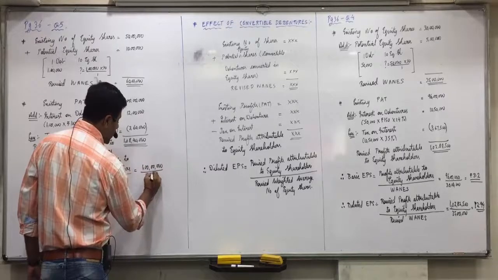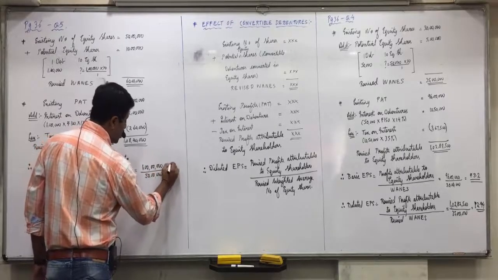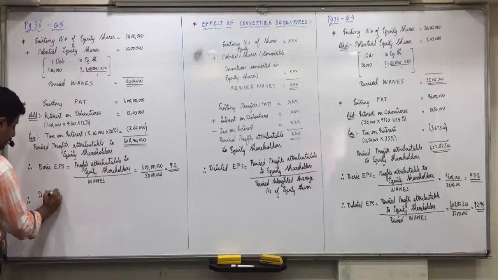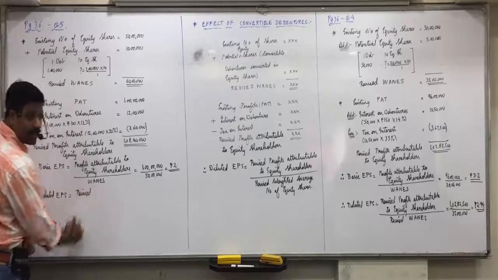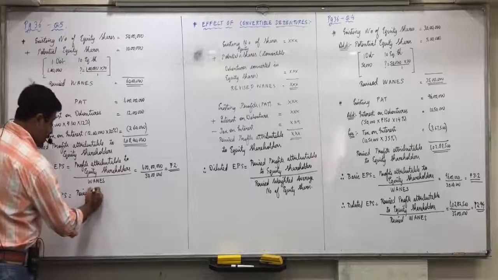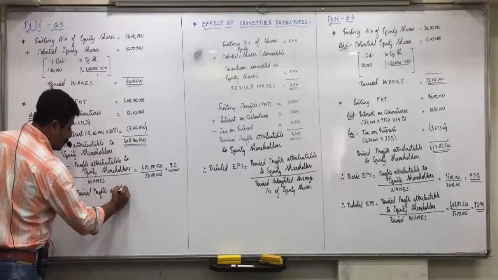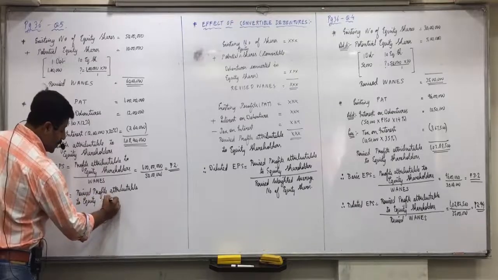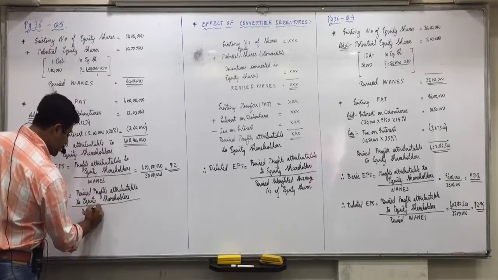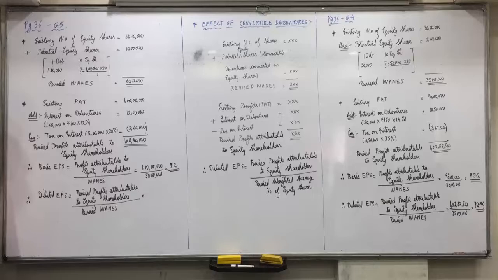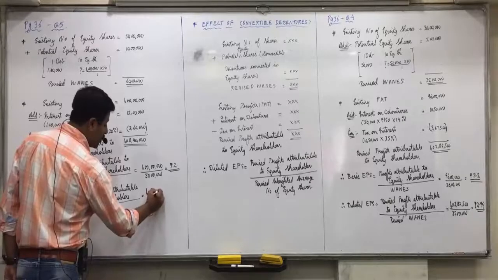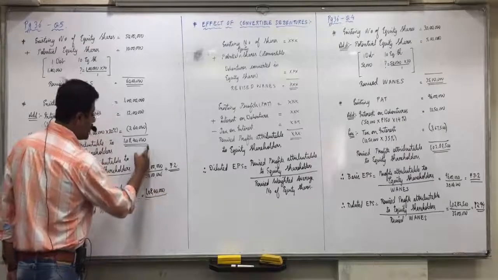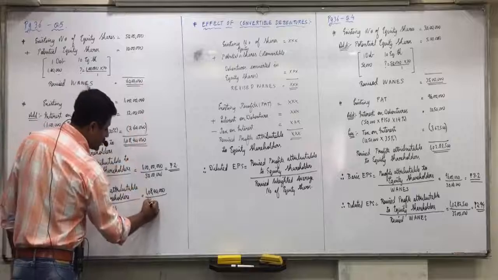Diluted EPS is equal to revised profits attributable to equity shareholders divided by revised shares. 1 crore 8,40,000 is revised profits divided by revised shares 60 lakhs.